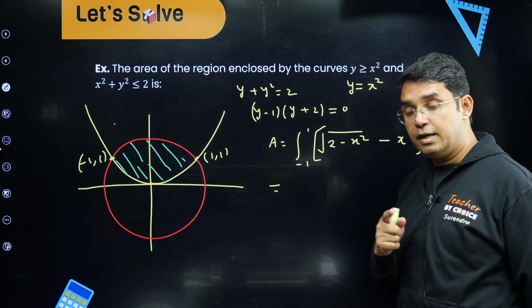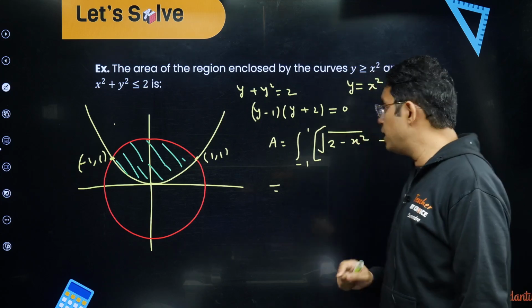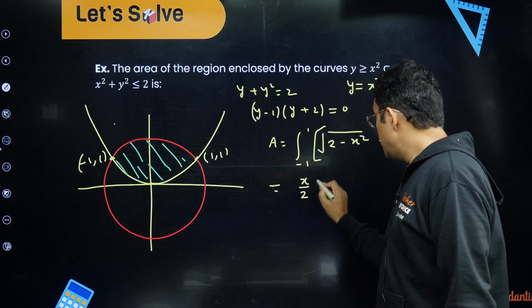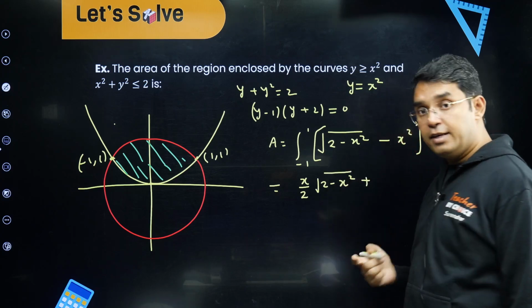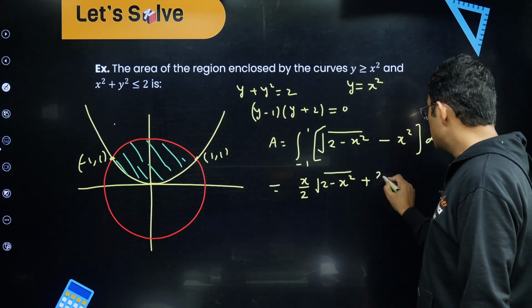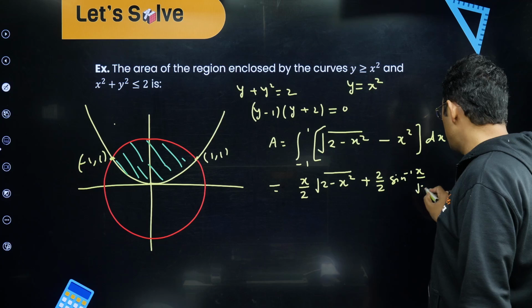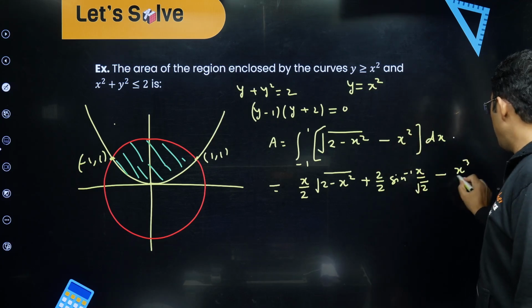I will use that result because I want you to all know which result I am talking about. For this, the integration will be x by 2 into under root of 2 minus x square plus a square by 2. A square is 2, so 2 by 2 sine inverse x upon root 2, x upon a, and the integration of this would be x cube upon 3.